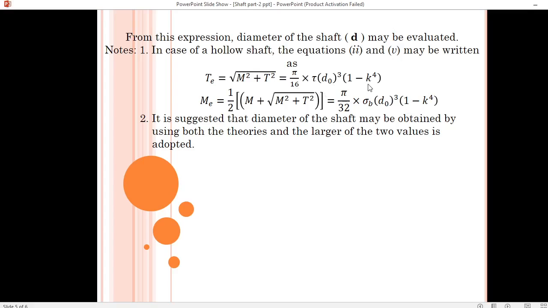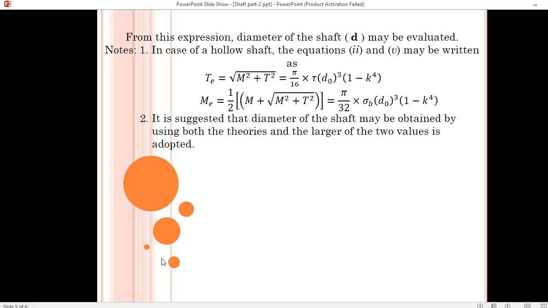This part of the hollow shaft you have already seen in your previous slide, so I am not explaining it. Directly I have written pi into tau d0 cube into 1 minus k to the power 4. Similarly, pi by 32 sigma b d0 cube into 1 minus k to the power 4.